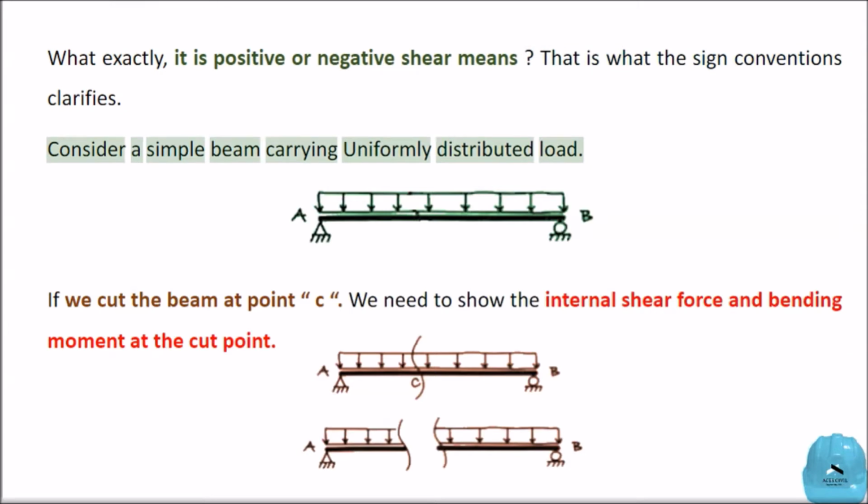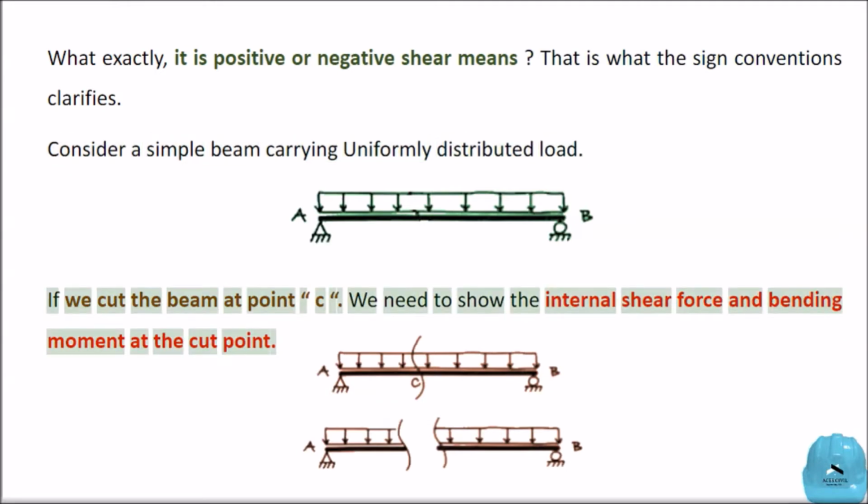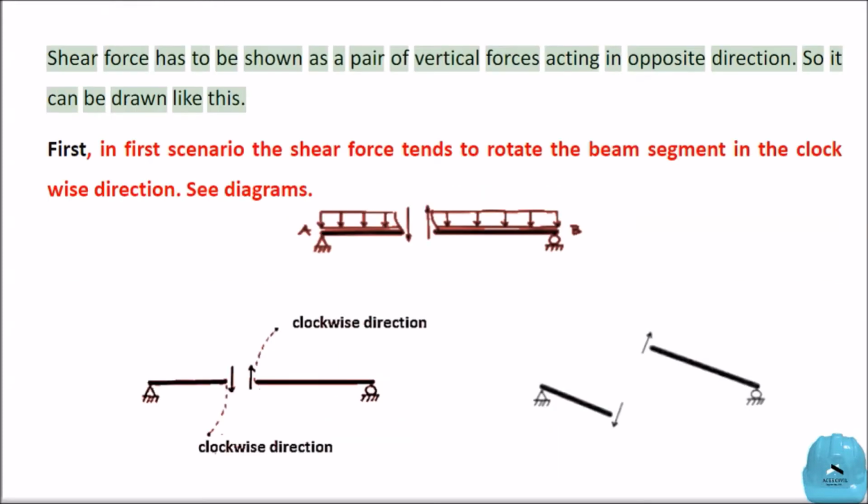Consider a simple beam carrying a uniformly distributed load. If we cut the beam at point C, we need to show the internal shear force and bending moment at the cut point. Shear force has to be shown as a pair of vertical forces acting in opposite directions, so it can be drawn like this.